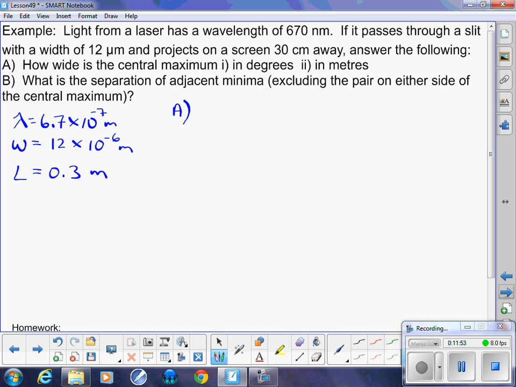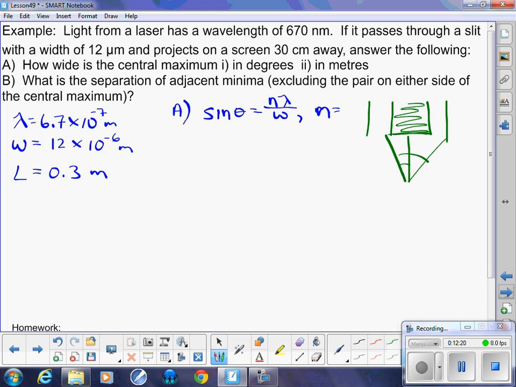So central maxima, what we're going to have to do is find the angle for destructive interference. All right, because we'll have our central maxima, and then we have our dark regions on either side. So if we can find that angle there, double it, will give us the width of that bright region. So that's why I'm using the destructive interference formula here, where n equals 1.